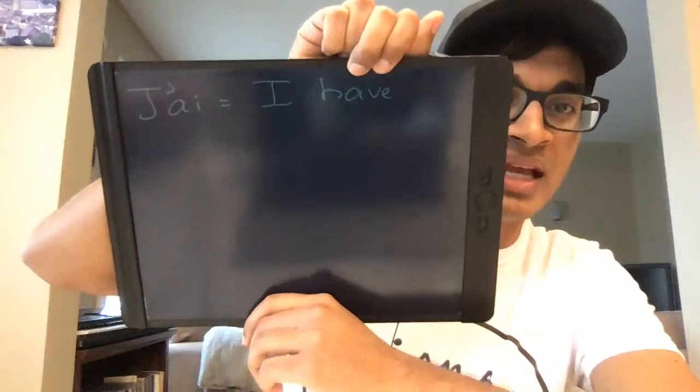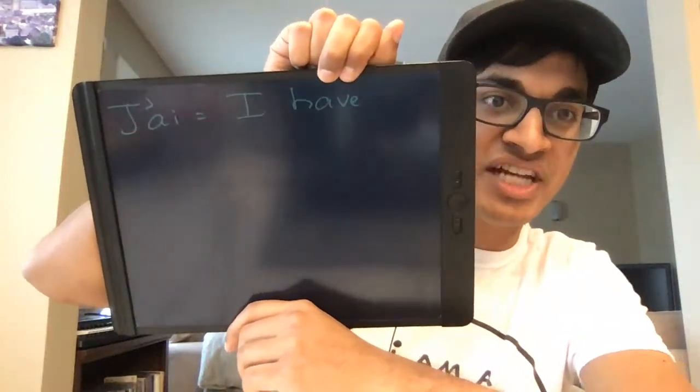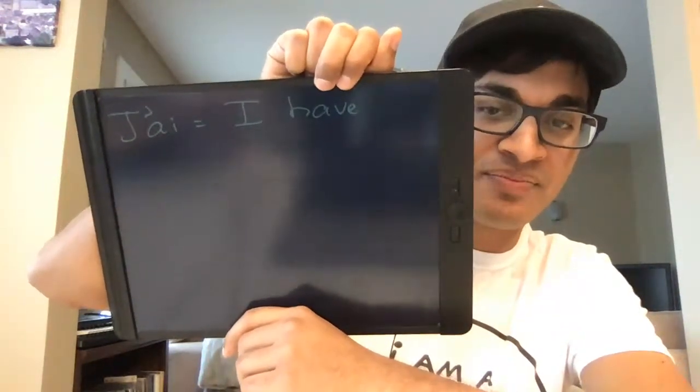If I have something, what do we say? I have is j'ai. So for example, j'ai un stylo. I have a pen.